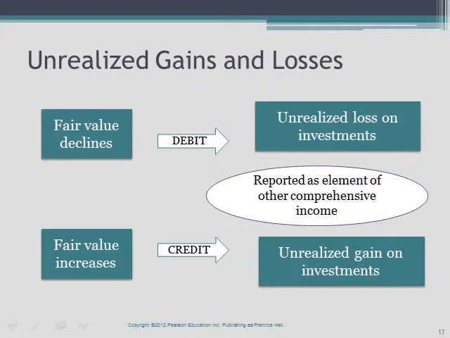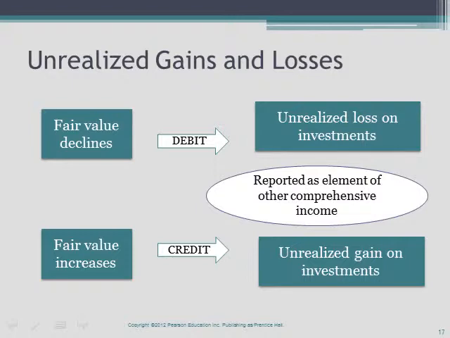And so if the fair value of the investment declines, the company debits unrealized loss on investment. Unrealized gains and losses result from changes in fair values, not from the sales of investments. For available for sale investments, the unrealized gain account or the unrealized loss account is reported as an element of other comprehensive income, which is really just a change in owner's equity that bypasses net income.